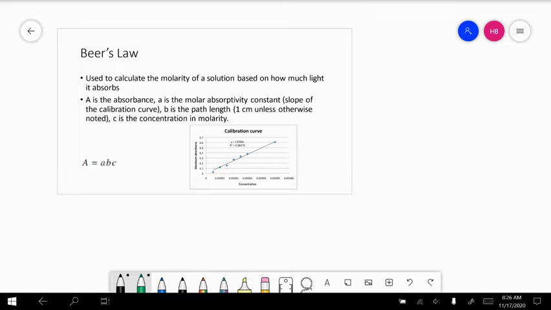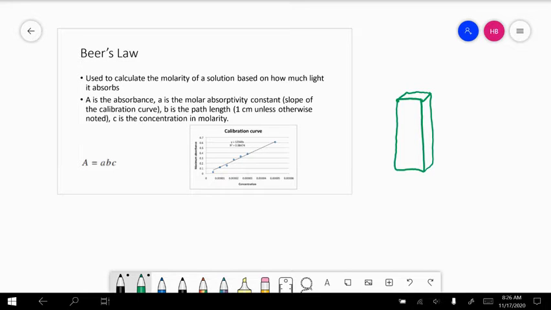In the lab, you would have what's called a spectrophotometer, and you put the sample in what's called a cuvette. A cuvette is a little plastic square container.